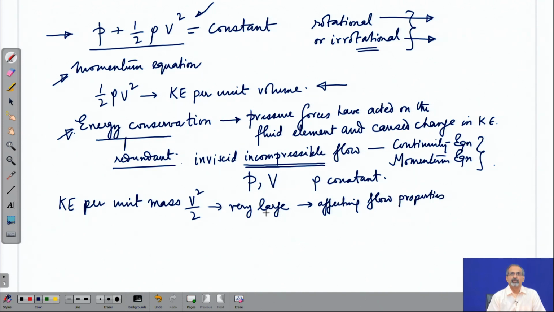And therefore, all the conservation equations feel the presence of a large v square by 2 term.